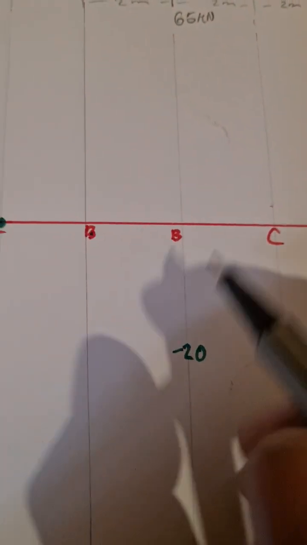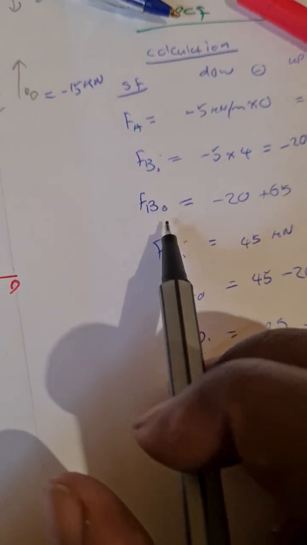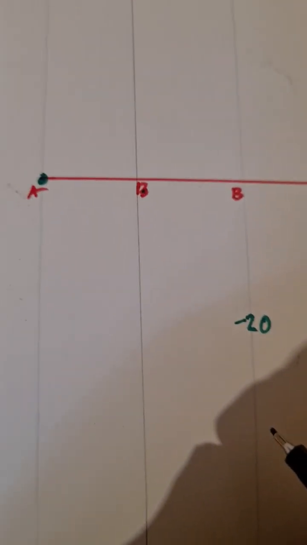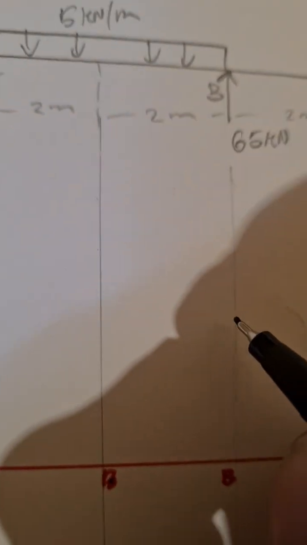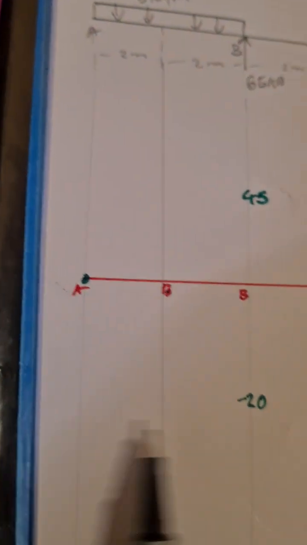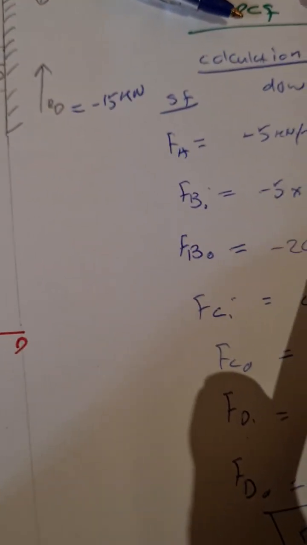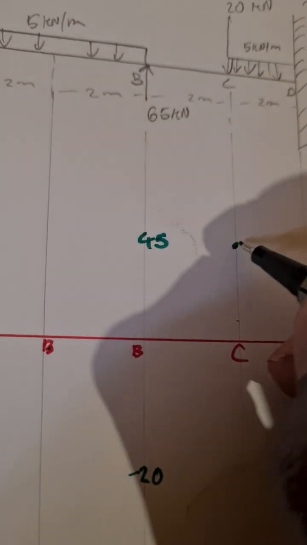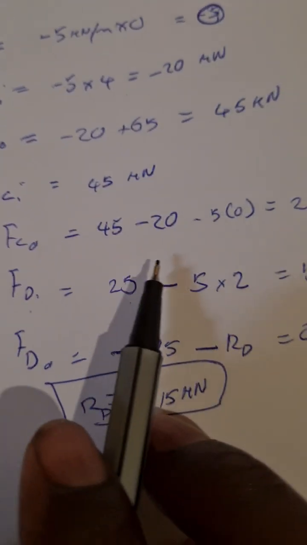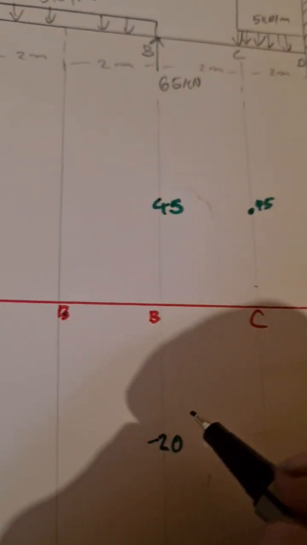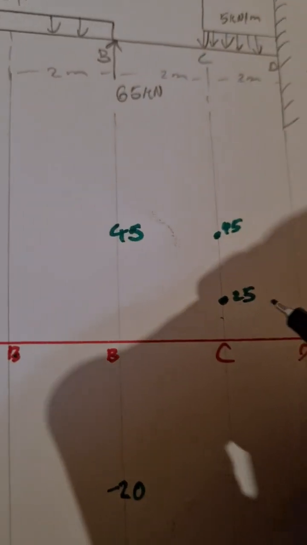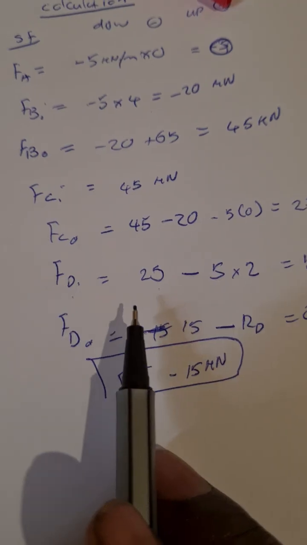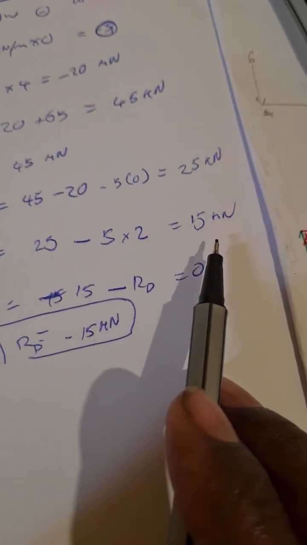Then at B, it just means we are at B, we move to 45, which is up here. Positive, remember. This is the negative side, this is the positive side. Then before C, we still have 45. And then at C, we move down to 25. 25 is somewhere here. Then before D, we have 15.